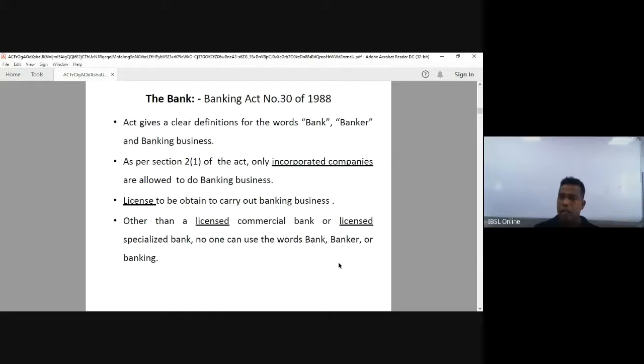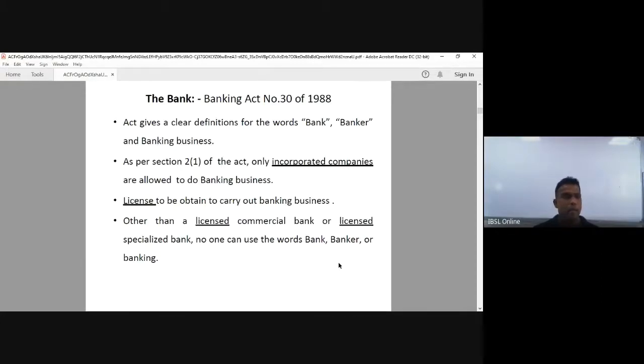What are the activities, or what types of commercial activities, can we do under banking business? Can we do any type of business, any commercial activity, and say that it is a banking business?